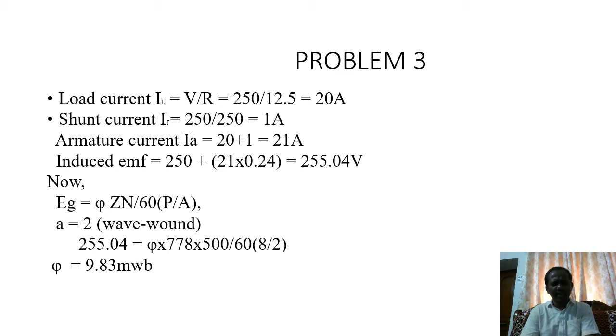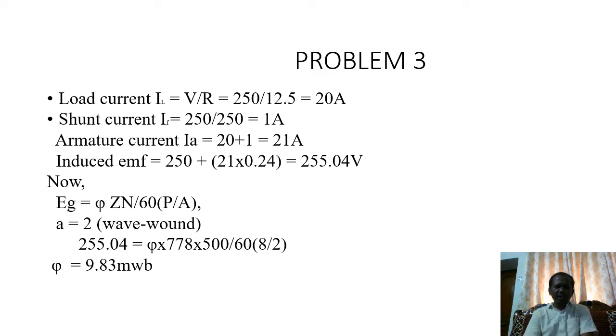Now you can calculate the armature current Ia is equal to IL plus If, because the armature current is divided into shunt field current as well as load current. So the addition of the two is equivalent to the armature current. What is IL? 20 ampere. What is If? 1 ampere. 20 plus 1, 21 amperes.